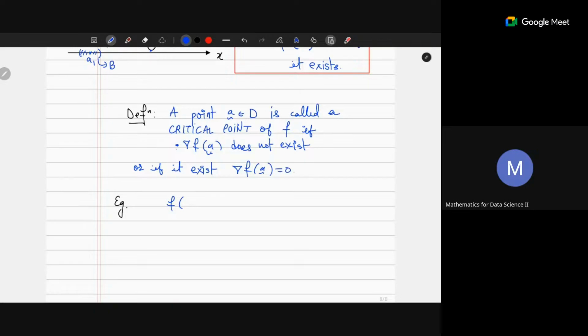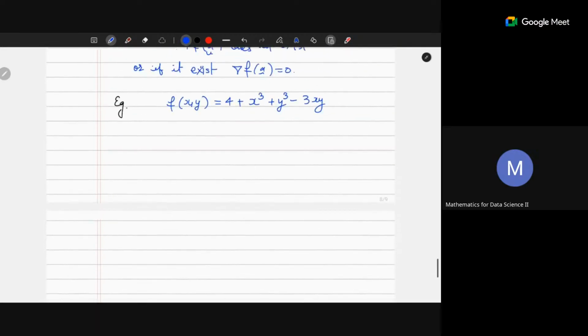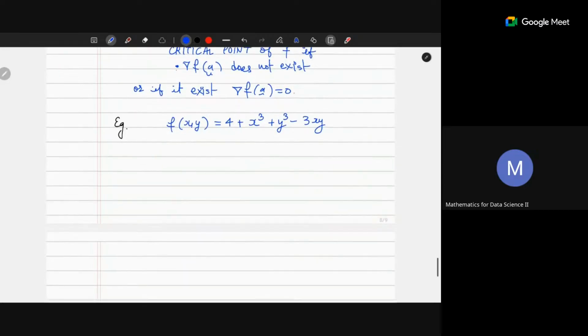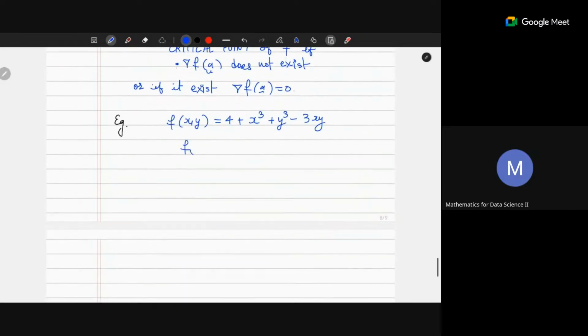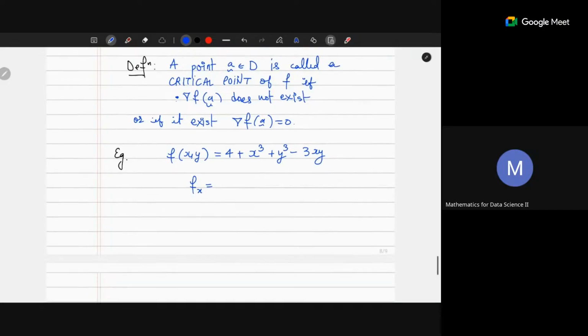All right. So now, for example, you consider this function f of x, y given by 4 plus x cube plus y cube minus 3xy. Now we need to find all the critical points of this function.